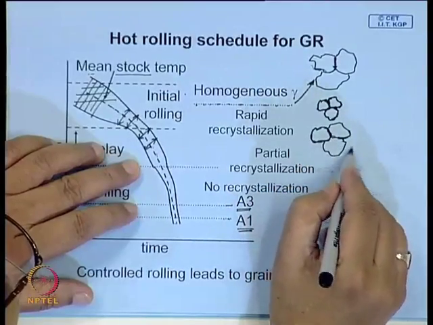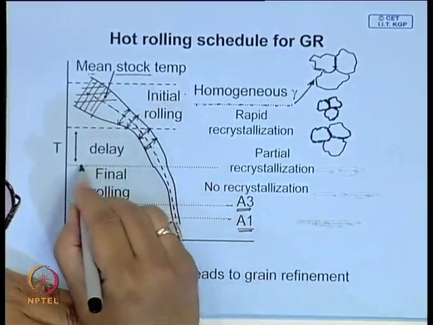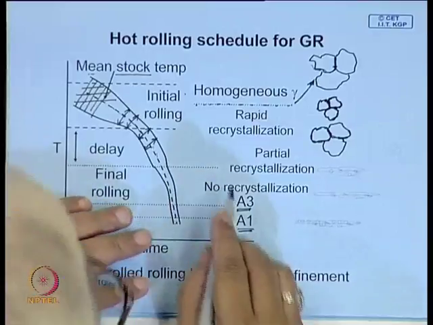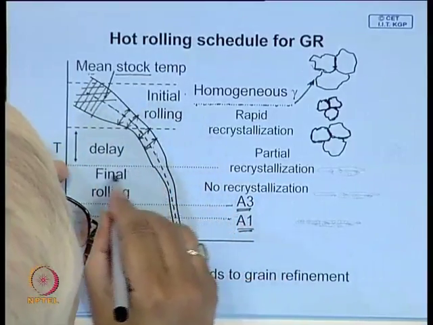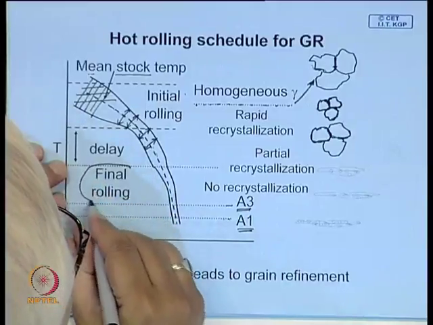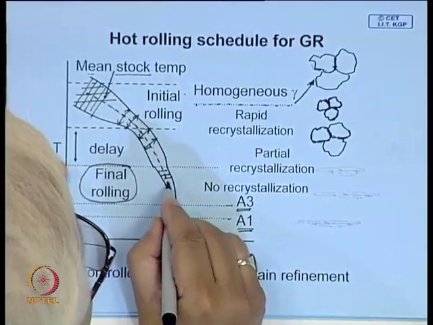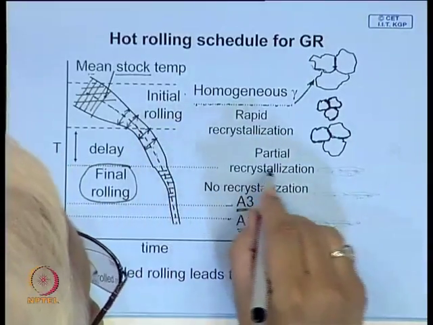So, this is how it has grown, and this is a temperature where we try to give another rolling, that is the final rolling, and so here again you see the thickness is decreasing, and you give the final rolling here.